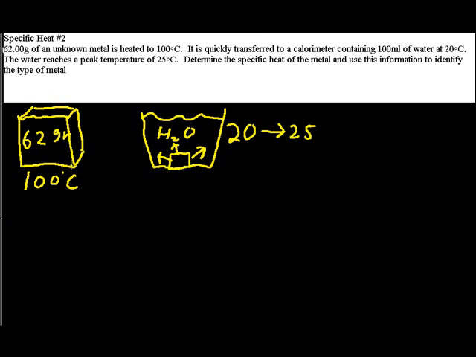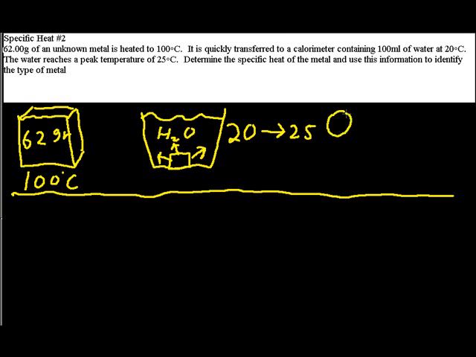Now what we want to do is the following. We want to know the equation that Q of the block is going to equal the specific heat of the block, the mass of the block, and the change in temperature of the block.